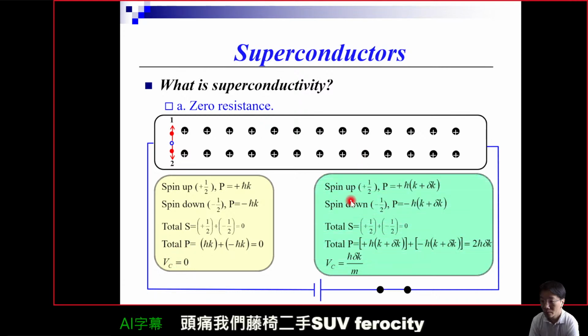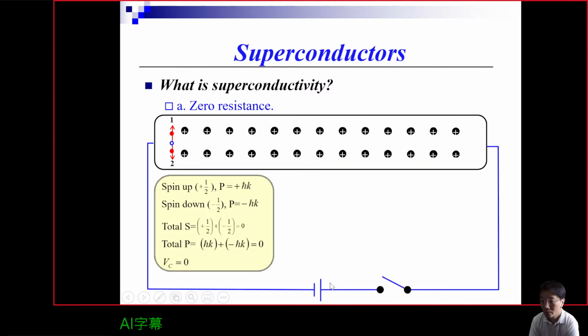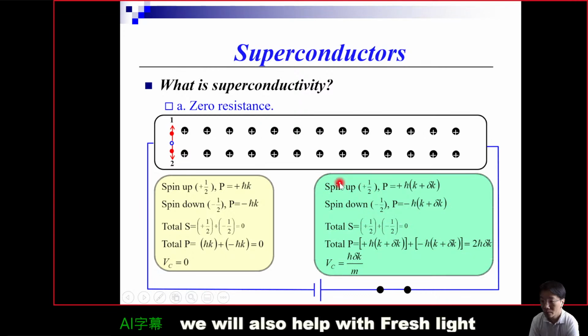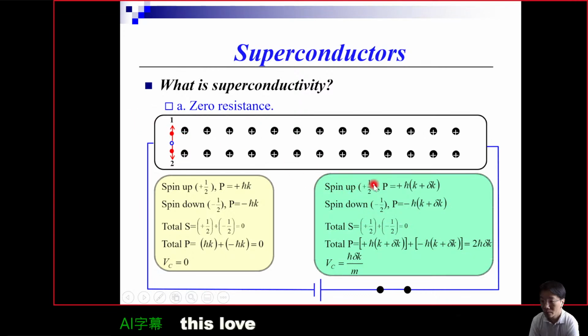But when we apply an external electric field, so we close the circuit here, then we will have the situation where this electron is spin up and the other is spin down, and the momentum is h bar k plus delta k.